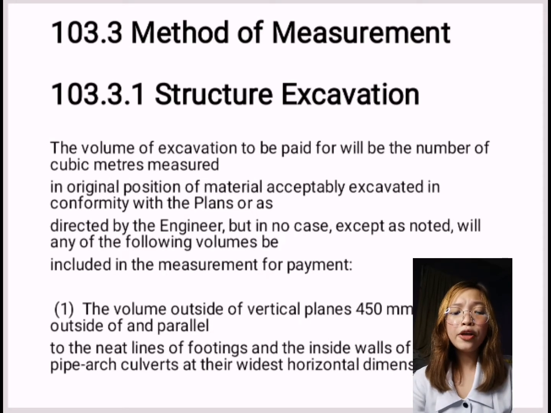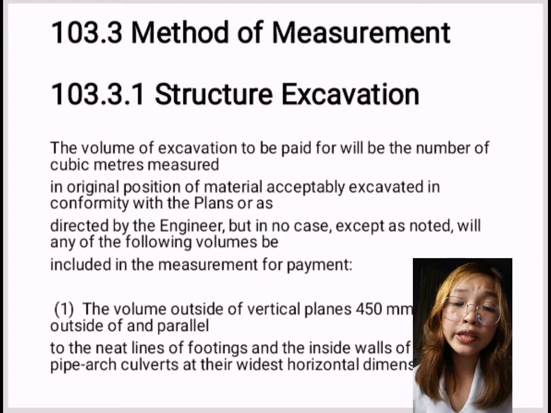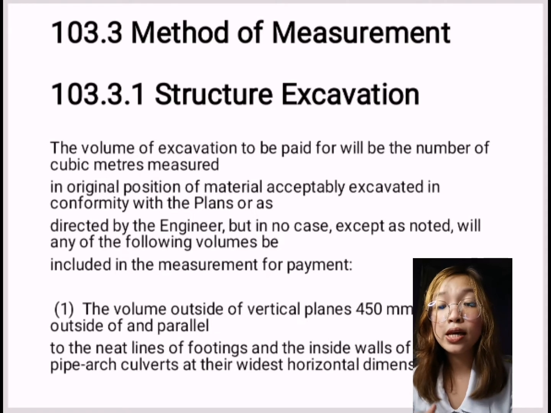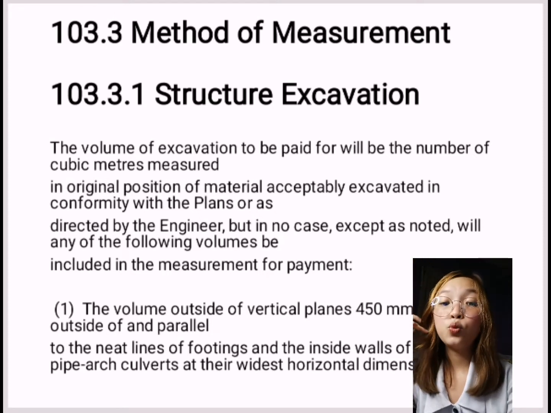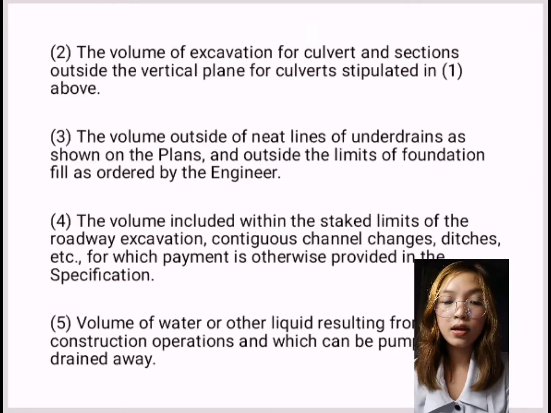So, under this is the volume outside the vertical planes 450 millimeters or 18 inches outside of and parallel to the neat lines of footings and inside wall pipe and pipe arch culverts at their widest horizontal dimension.